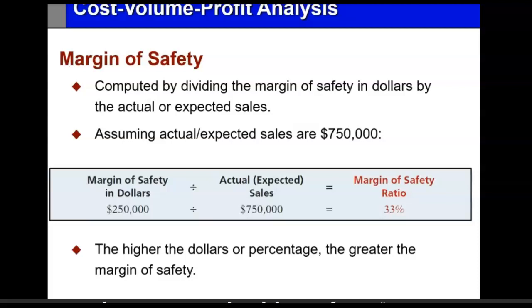And managers and financial people look at this and compare the margin of safety in one company to the margin of safety in another, because it gives them an idea of how risky an investment would be in that company.